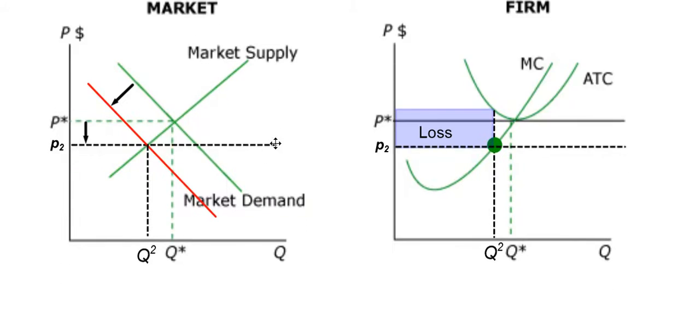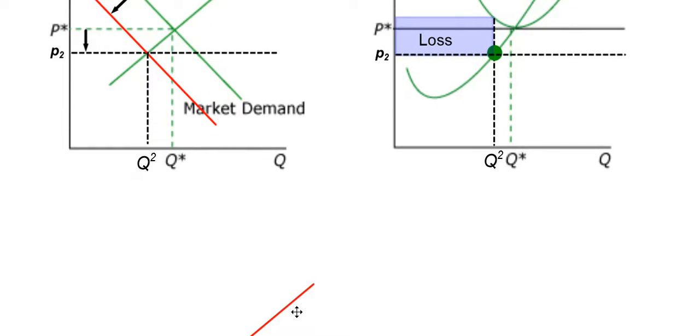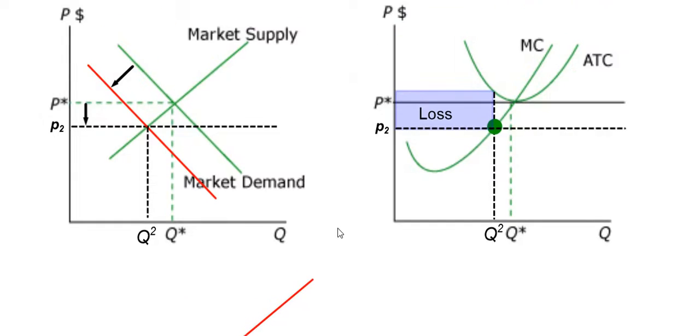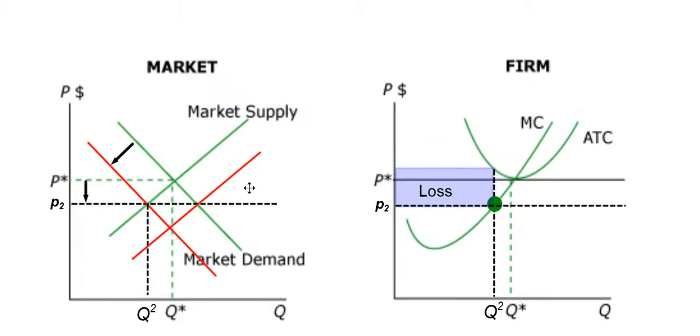When firms drop out of the market because they just can't make a profit at this newer, lower price, and the shrinking of demand, that's going to cause supply in the market to shift to the left.